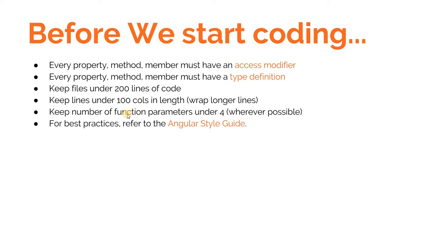Okay, then the files in our Angular projects should be less than 200 lines of code. Okay, so this is very important because it leads to better separation of concerns, and it is also good for managing very large scale projects.